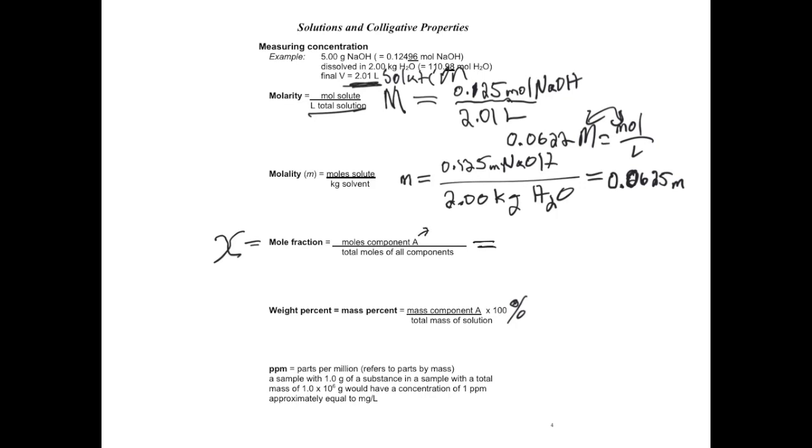So let's let sodium hydroxide be component A. We have 0.125 moles of sodium hydroxide, and then divide that by 0.125 moles of sodium hydroxide plus about 111 moles of water.